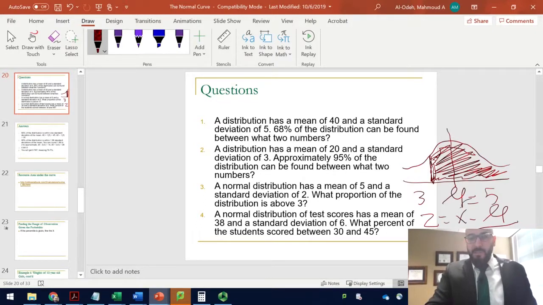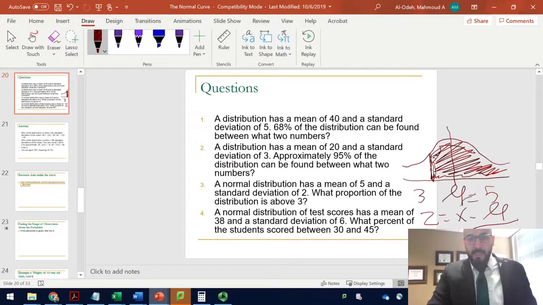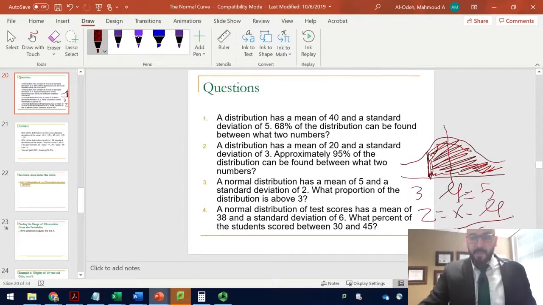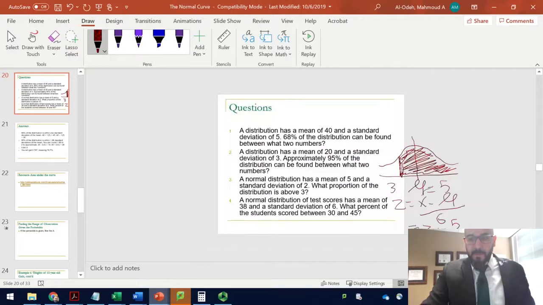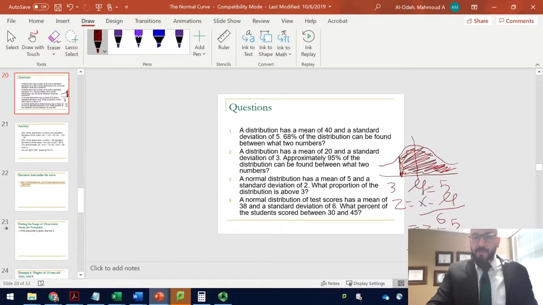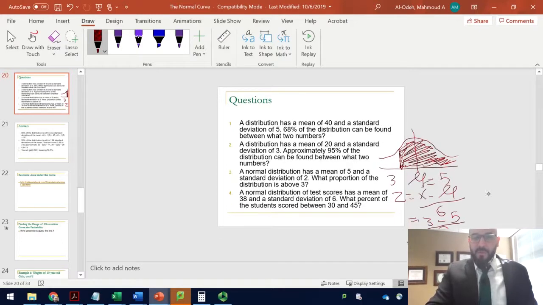In order to do this, implement x to be 3, minus 5, divided by the standard deviation of 2. That would be equal to negative 1. Okay, so now we have the z-score to be negative 1.